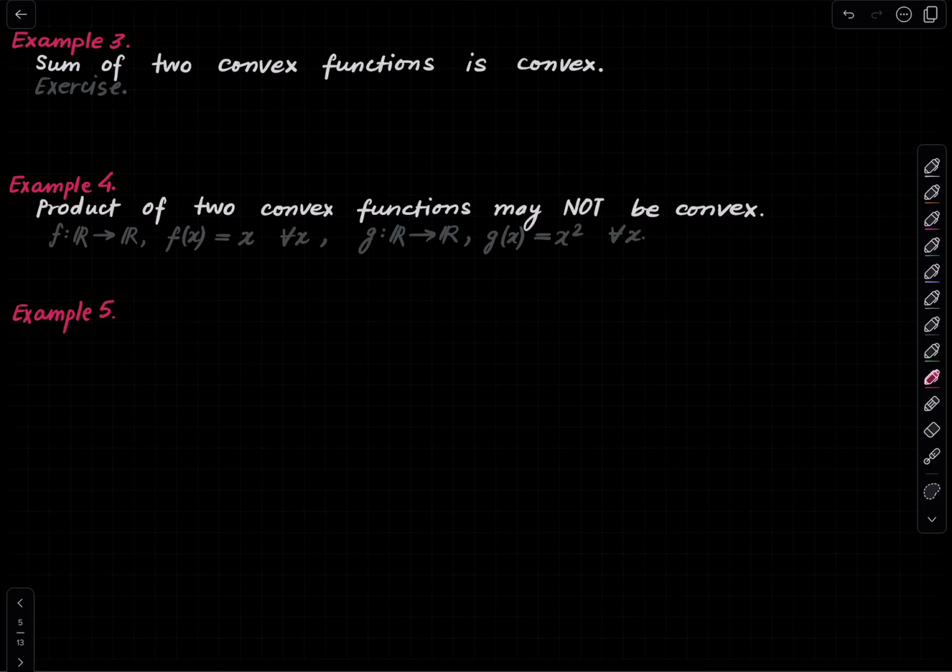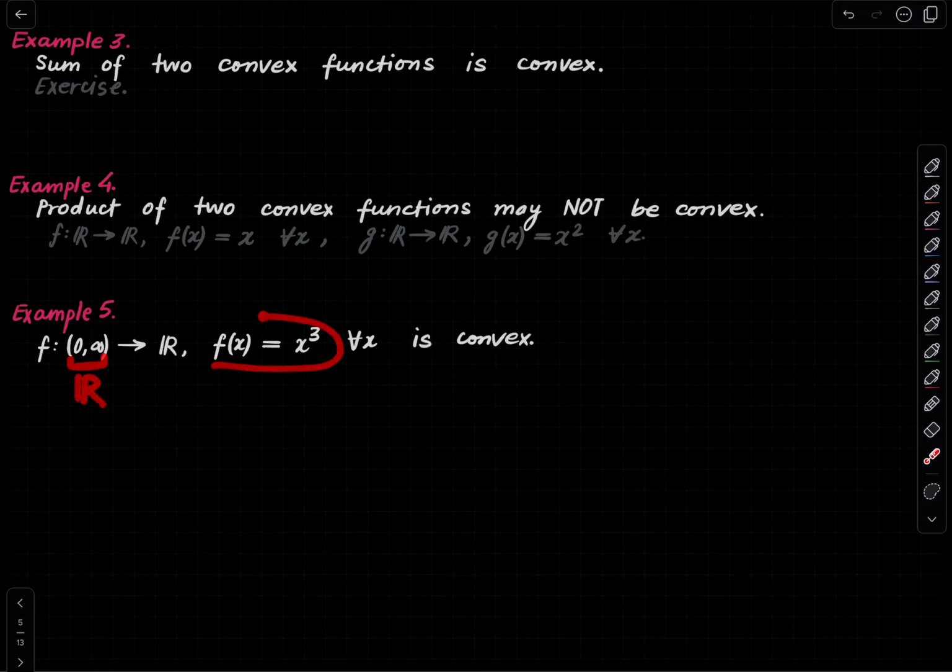This function is convex. If you have your domain as all of the reals, then this description wouldn't give a convex function, as we saw. But if you restrict the domain to only the positive reals, then you do get a convex function.